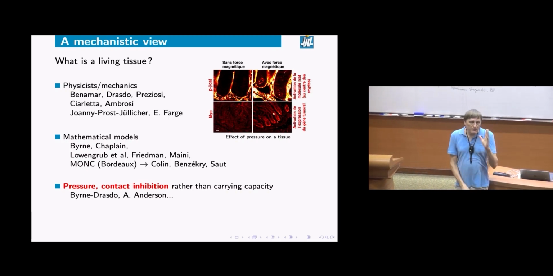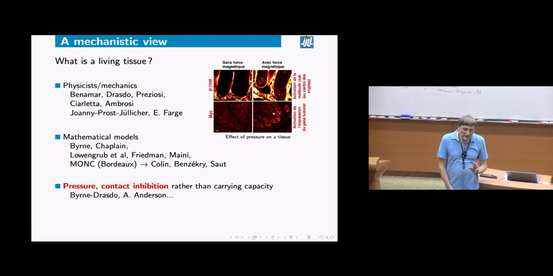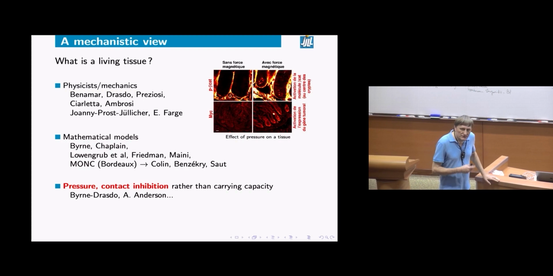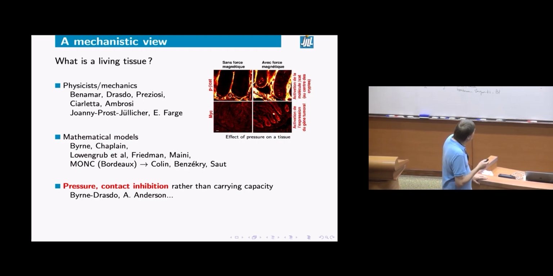The very simple idea to have in mind is that the control of tissue growth in general is related to a notion of pressure. There is a notion of pressure in a tissue like there is a notion of pressure in a fluid. It's not exactly the same phenomenon because molecules and cells are not the same thing, but the outcome in terms of dynamics is comparable.